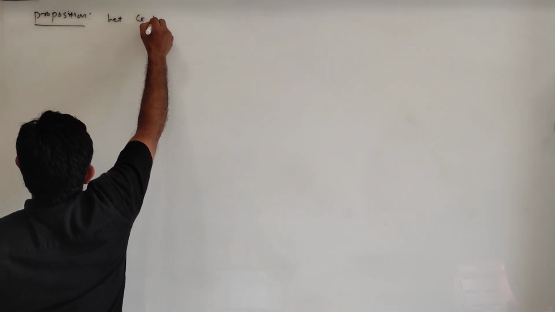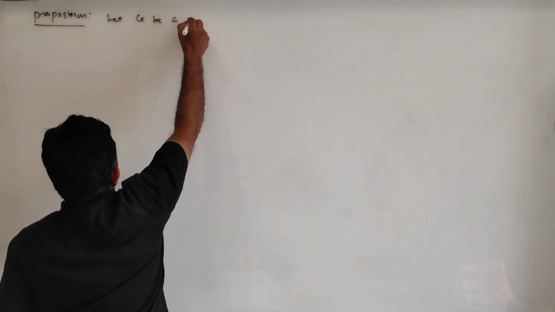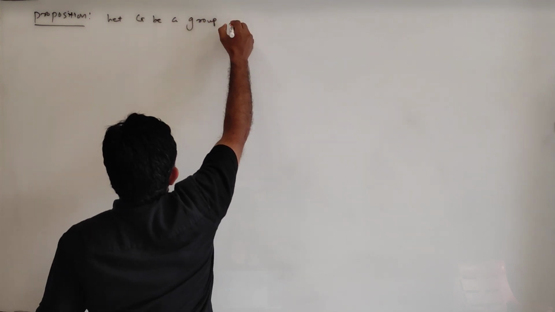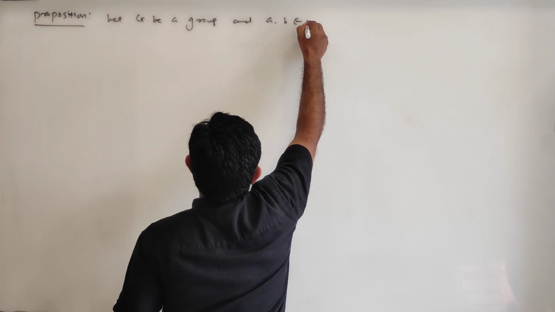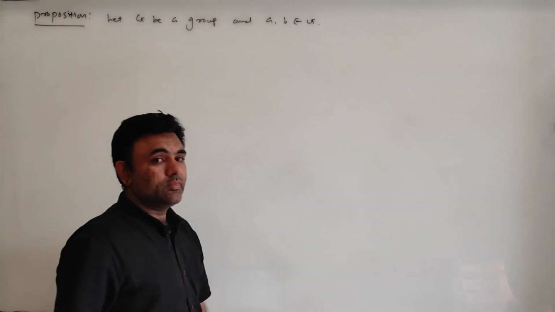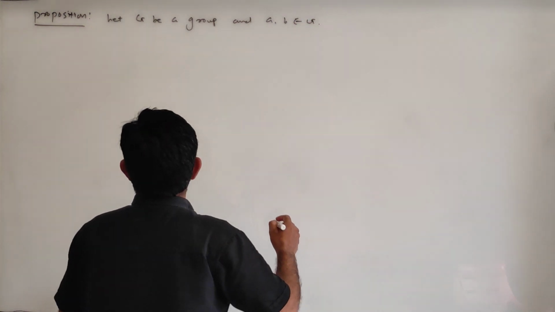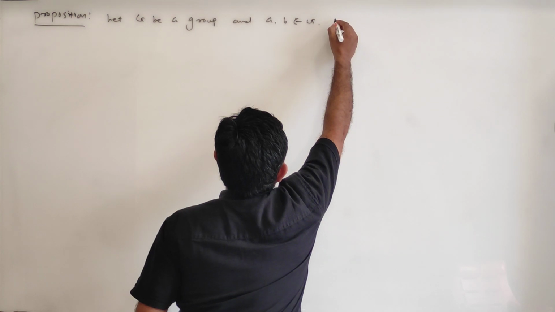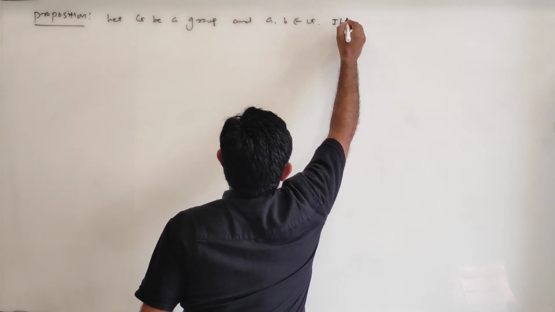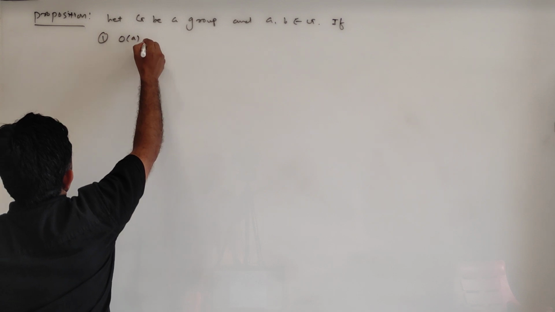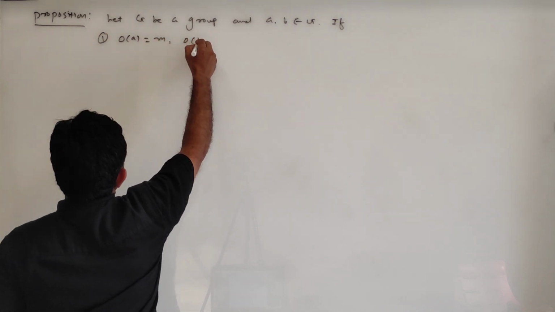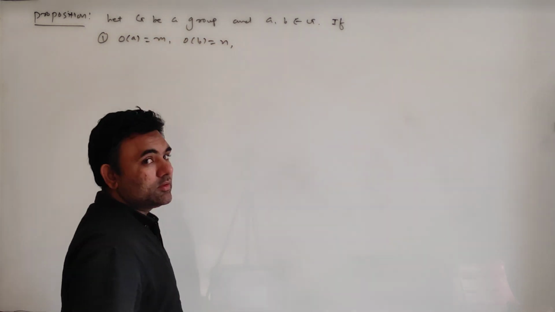Let G be a group and a, b belong to G. If, first condition, order of a is equal to m and order of b is equal to n.